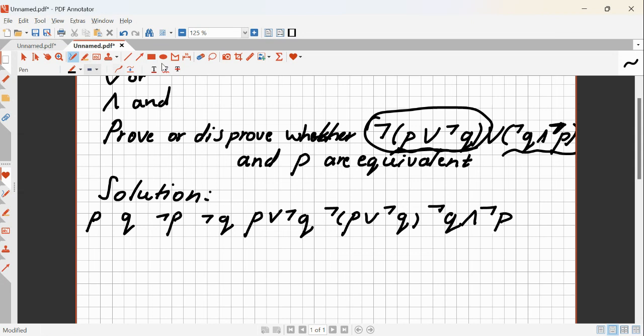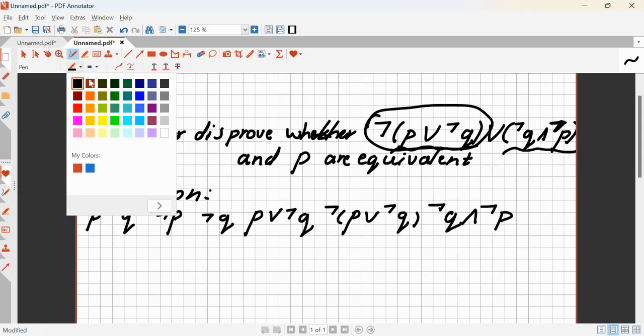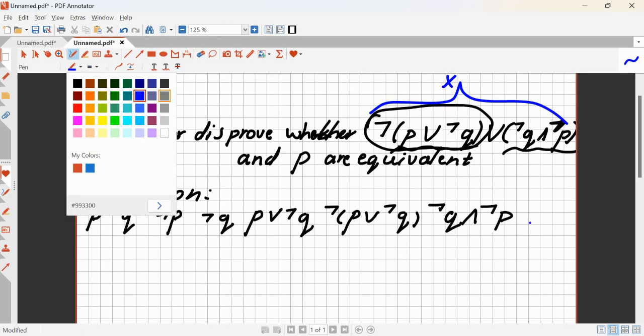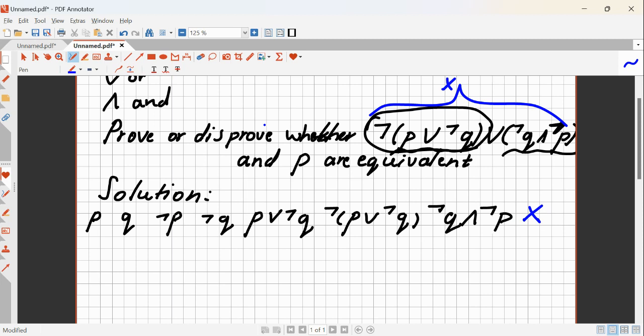And let's assume our expression is just one variable as x. All right.